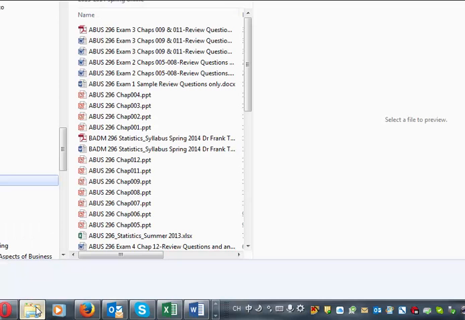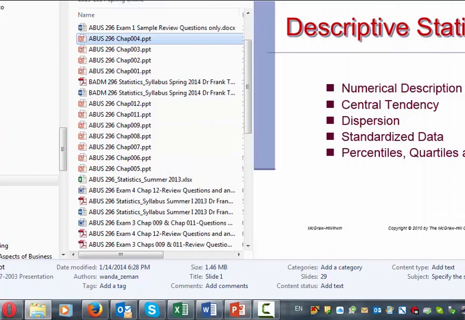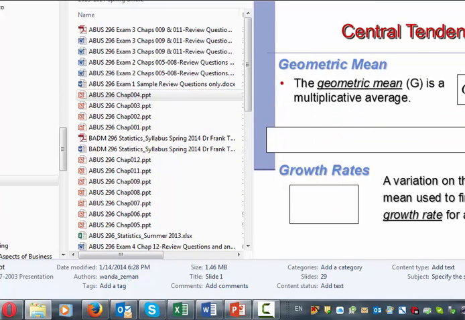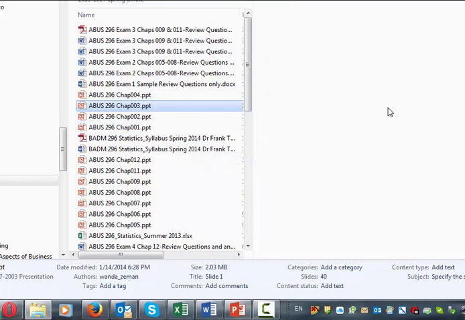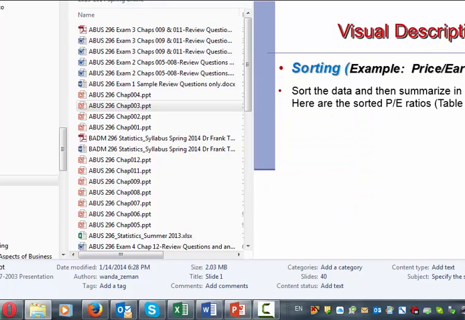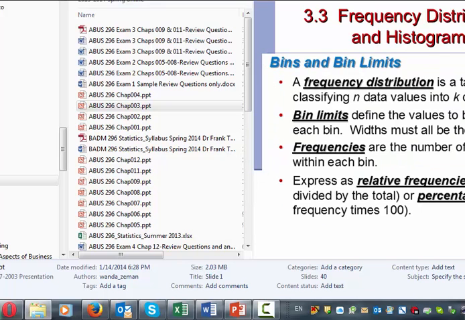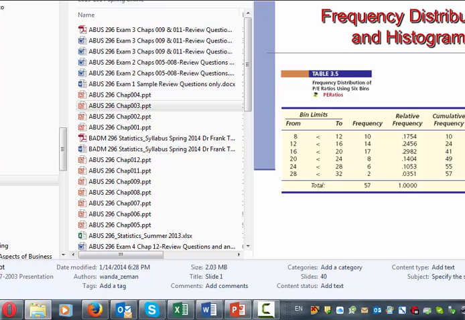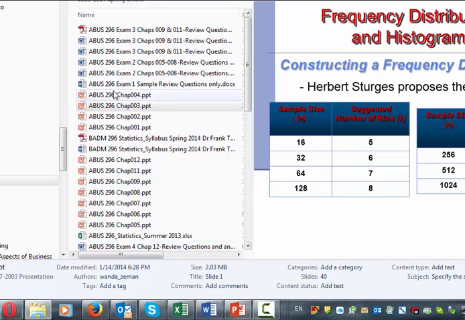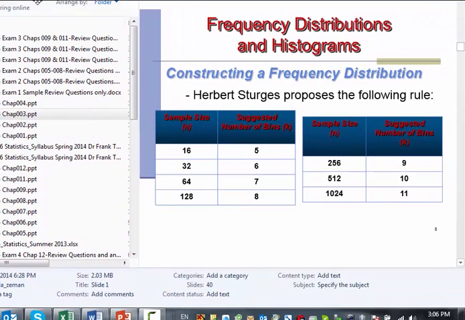Let's go to the page and look at Sturges' rule.